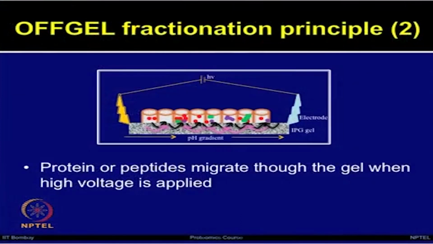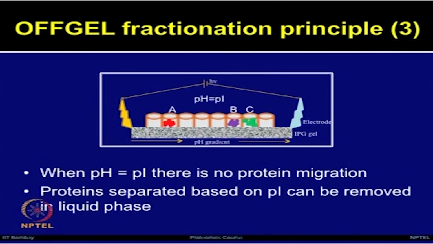Now, the proteins and peptides in the electric field will migrate because of the high voltage applied, and proteins will start moving based on their isoelectric point. When they reach a place where the pH is equal to the isoelectric point, there will be no further protein migration. This is the protein separation which you wanted to happen.